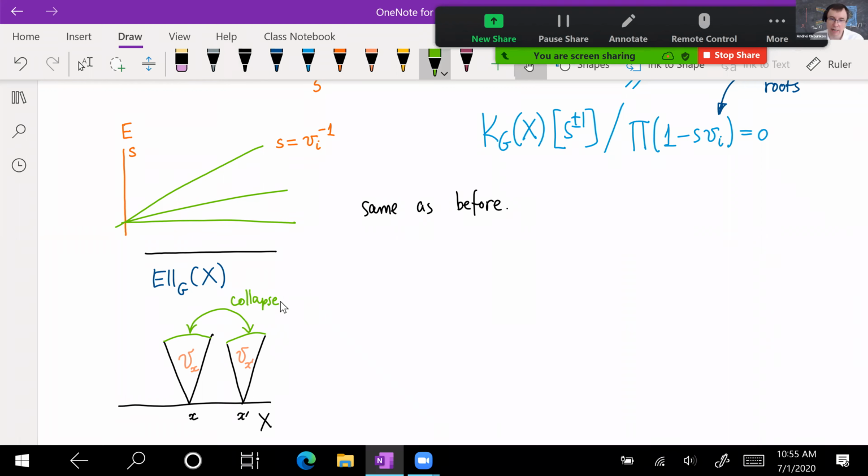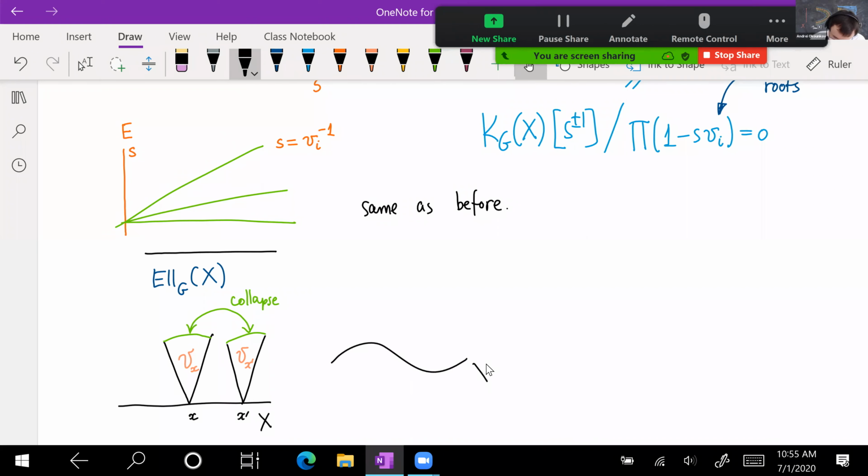Maybe a better picture is to imagine my vector bundle being a normal bundle to some embedding, in fact the normal bundle to the embedding in the total space of the vector bundle. So maybe I'll just draw a curved picture so that I can use it later.